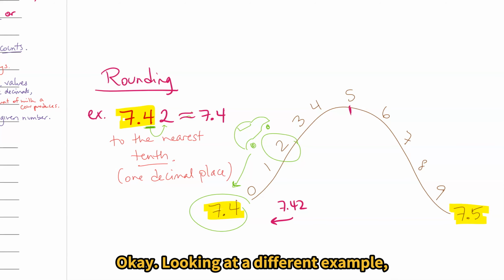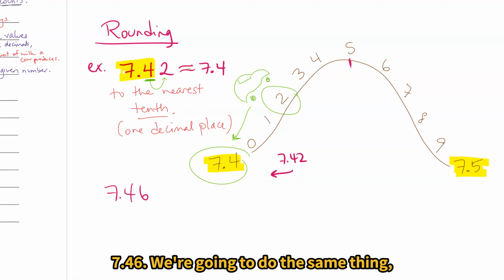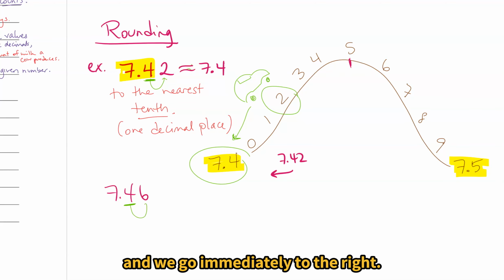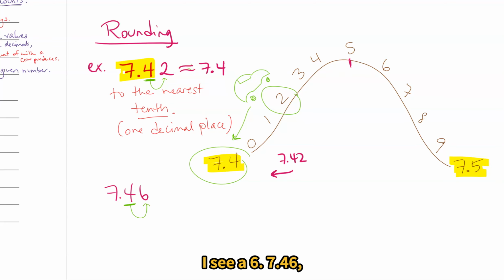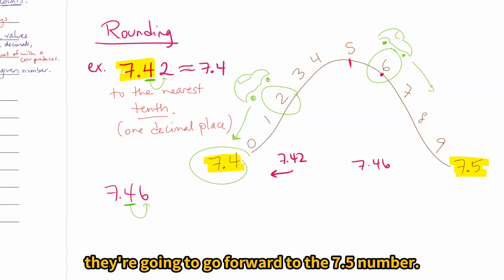Okay, looking at a different example, 7.46. We're going to do the same thing, round to the nearest tenth. We take a look at the 4 and we go immediately to the right. I see a 6. 7.46. I'm going to draw my little car again. This time if my brakes stall, they're going to go forward to the 7.5 number.